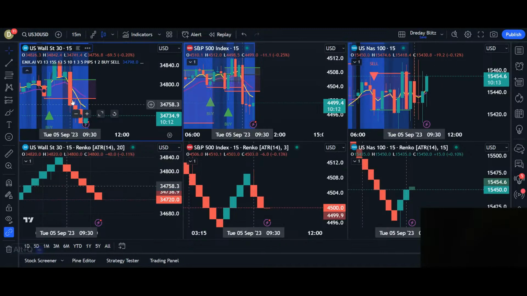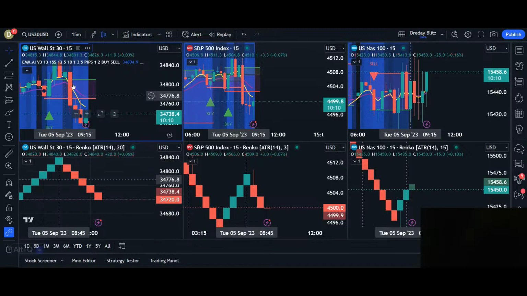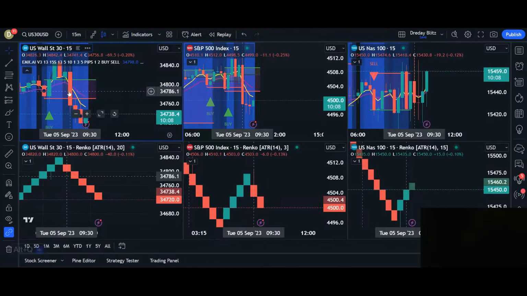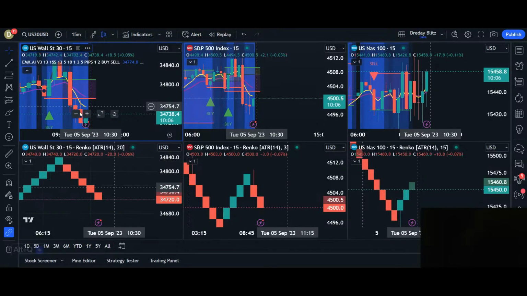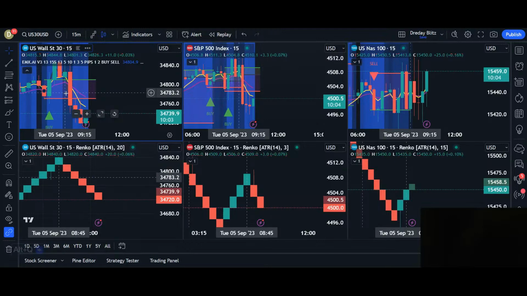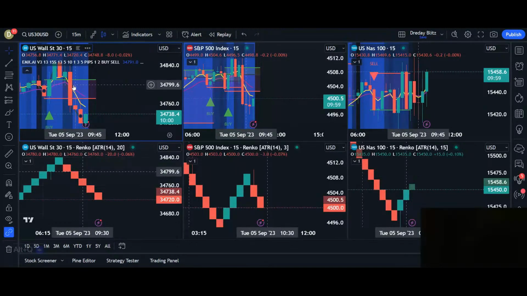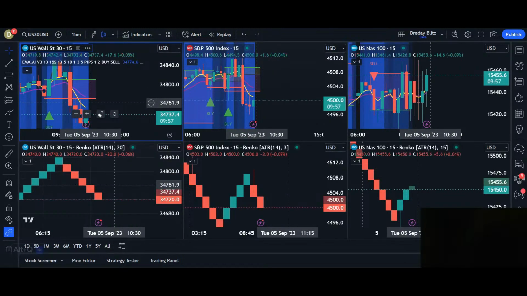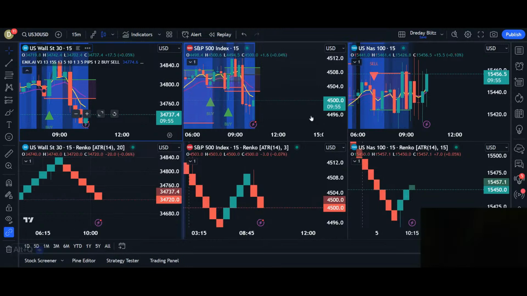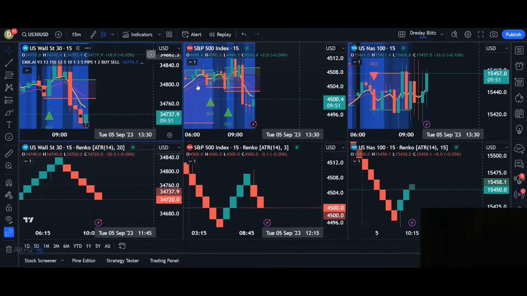So that would be around here or within that candle for a sell. So I would be in the trade since basically around the start of the market open for a sell signal. But since it's not coded yet, that's why you're not seeing it currently.